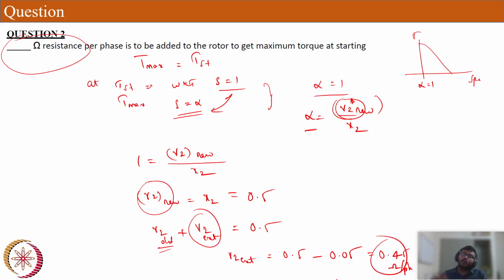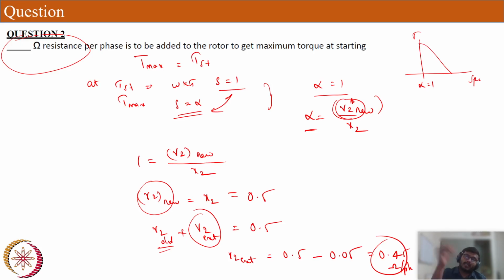So if we add 0.45 ohms in each phase, you can get maximum torque at the starting itself. If you understand the torque-speed characteristics, it's a very simple, straightforward problem. How to get maximum torque at the starting itself?